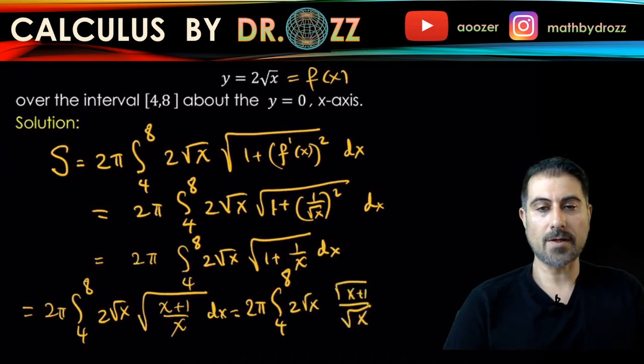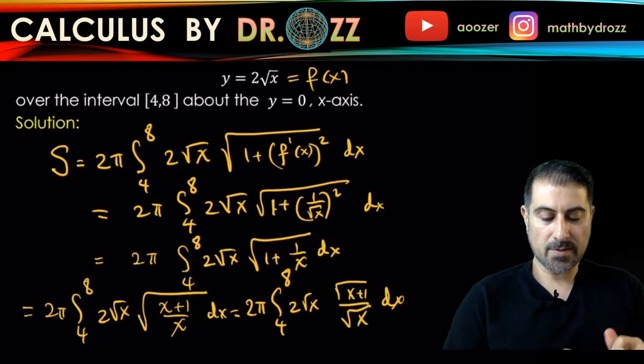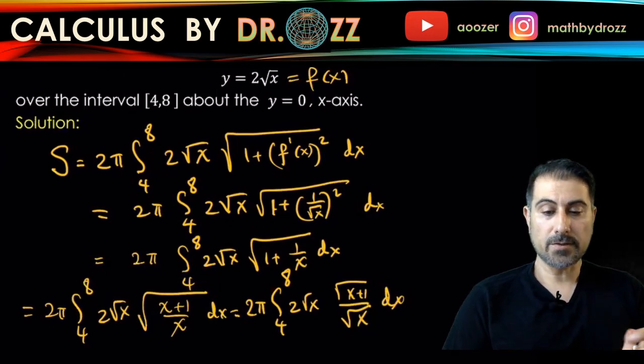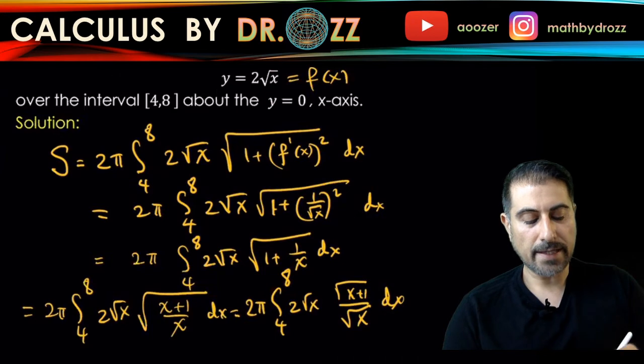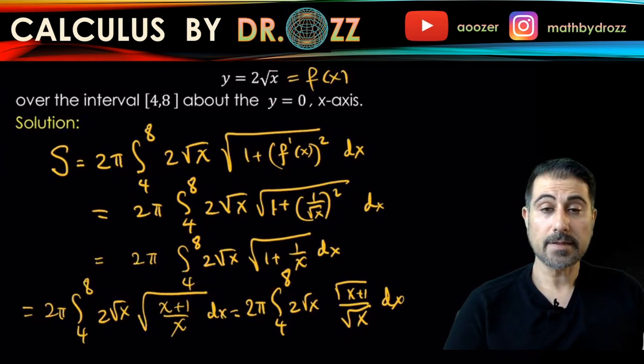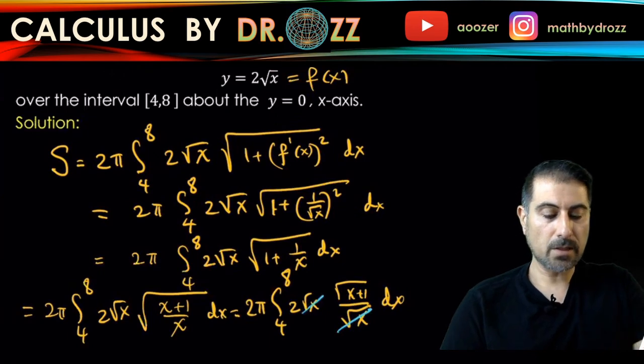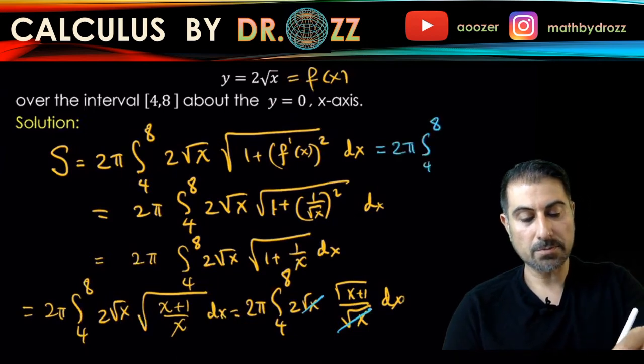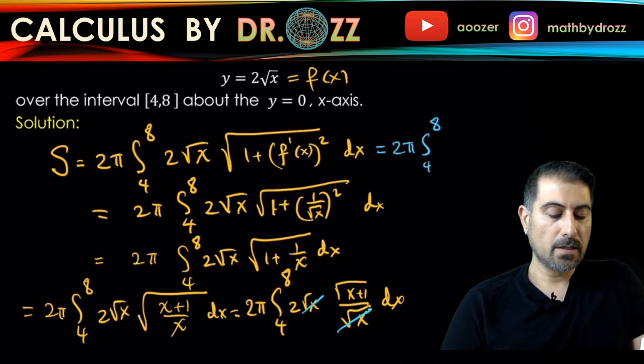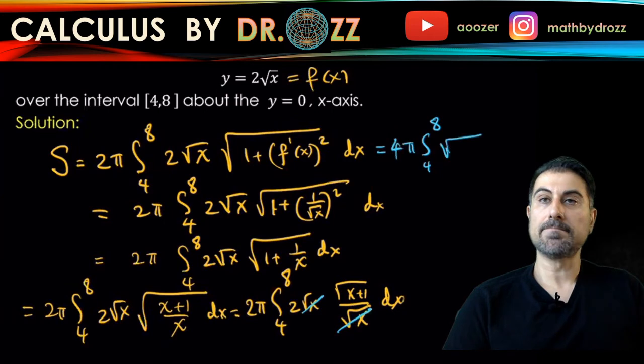All of this manipulation that we had to simplify the radical is to be able to cancel this radical x by this radical x. So this integral turns out to be 2 pi integral from 4 to 8, and 2, I can pull out 2 as well, so this becomes 4 pi, x plus 1, radical x plus 1 dx.